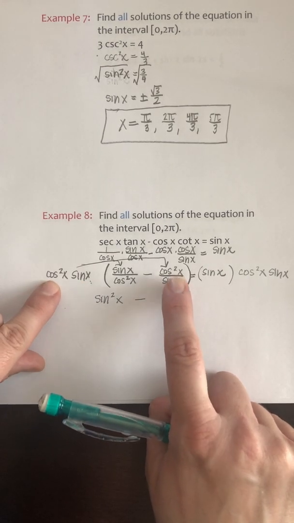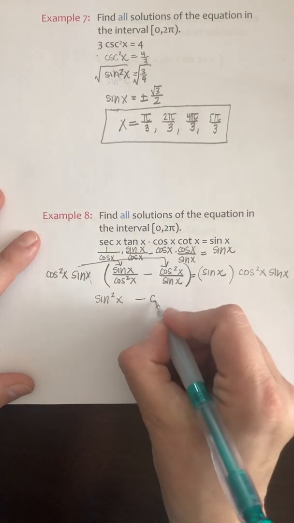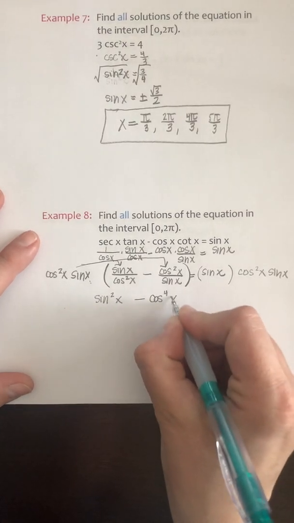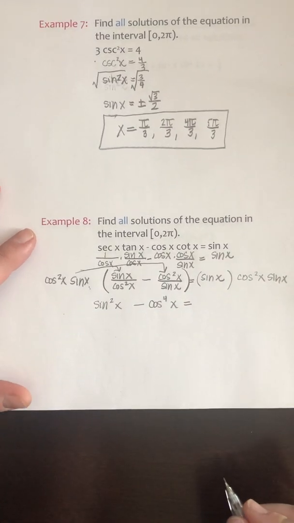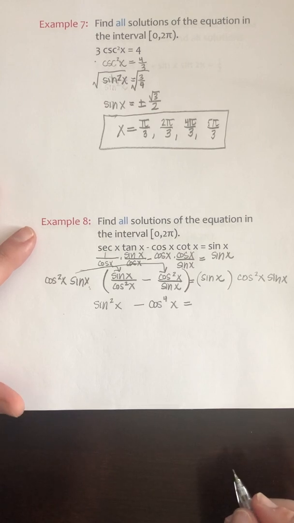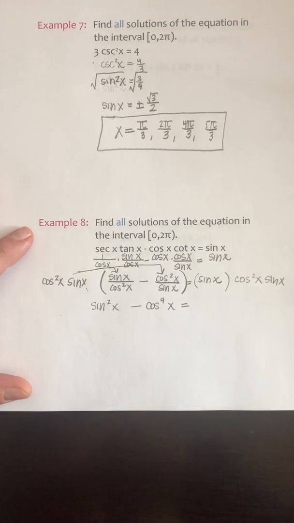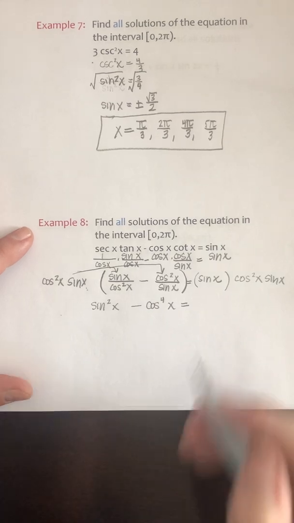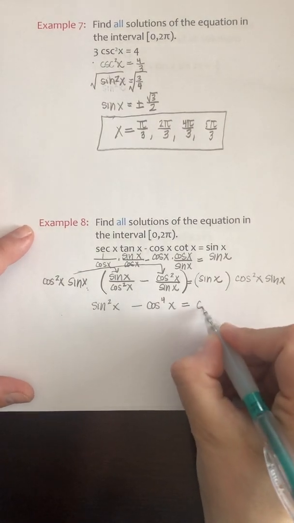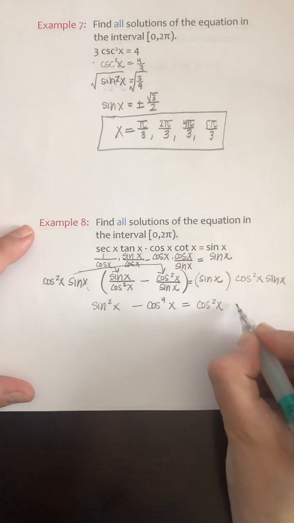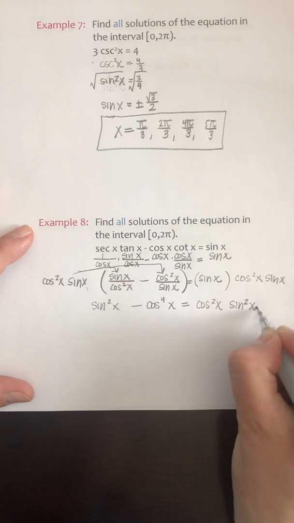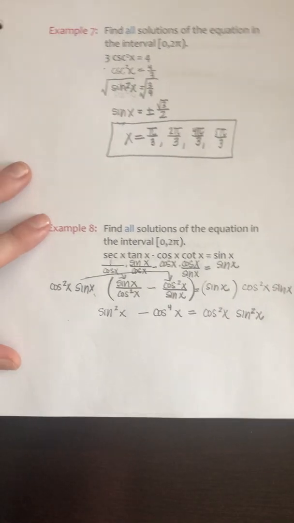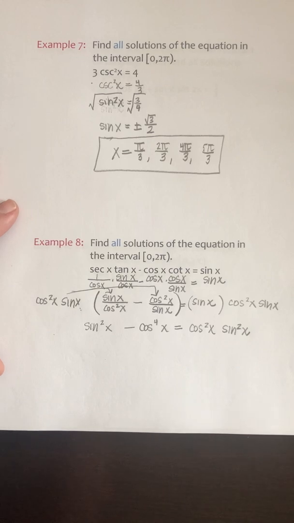I'm going to be left with cosine squared x times cosine squared x, which turns into cosine to the fourth x. On the other side, I'm going to multiply those together, and I have cosine squared x times sine squared x, or maybe you wrote the sine squared x in front. Doesn't matter, either one is good.